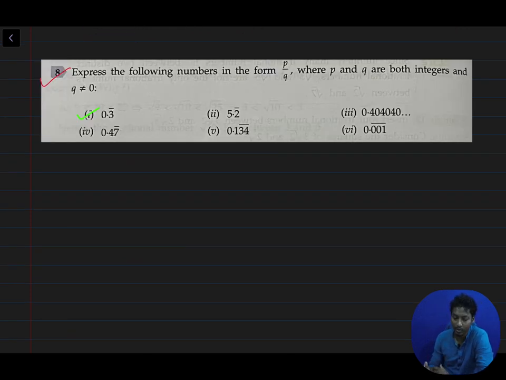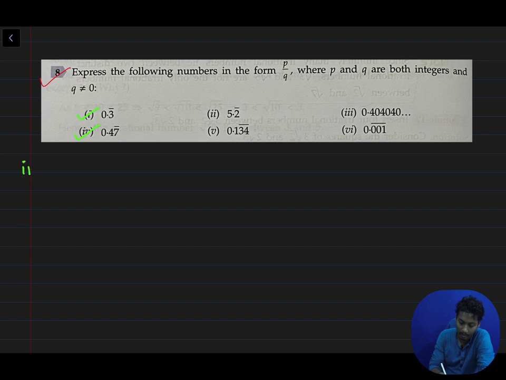Now let's take a question where we have a non-repeating digit, and after that we have the repeating digits in the decimal places. So here let's take 0.4 and 7, which is a repeating digit after that.